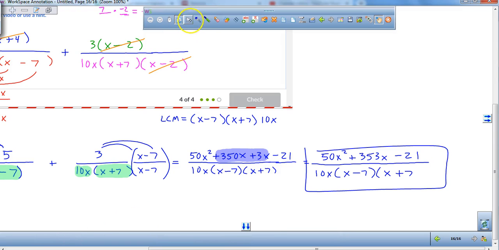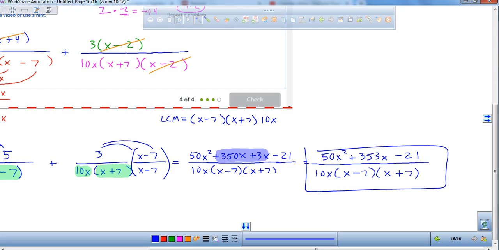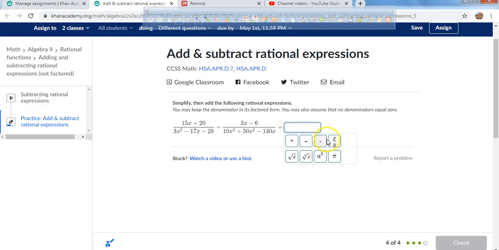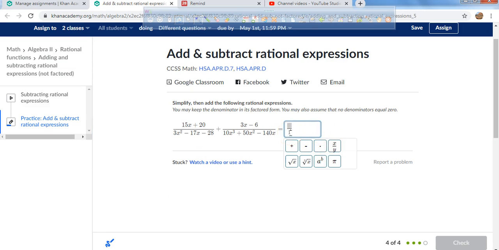And that is what I am going to type in carefully and neatly into Khan Academy. So here we go. Let's take our denominator and start out with that first. Make a little fraction here. Put a 10x, parentheses, x plus 7, x minus 7.